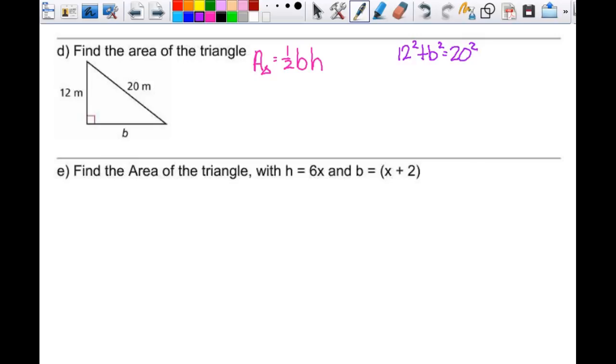Let's go ahead and do it. Perfect square.